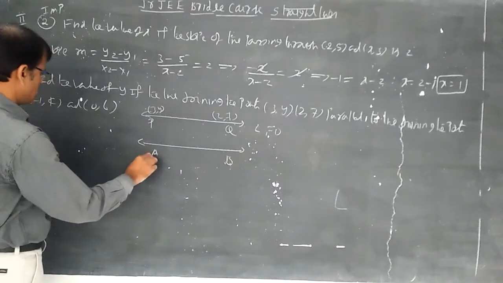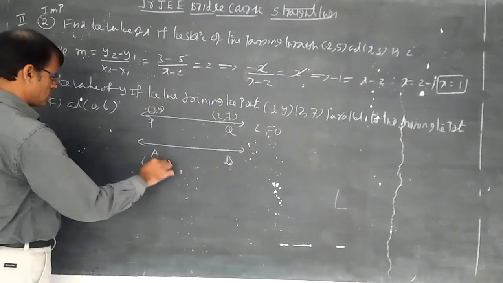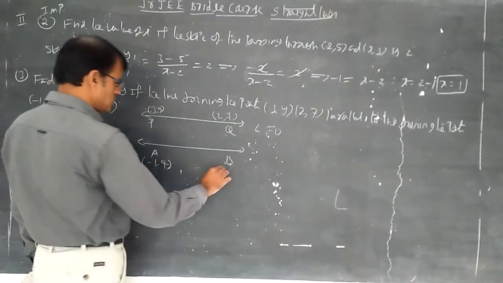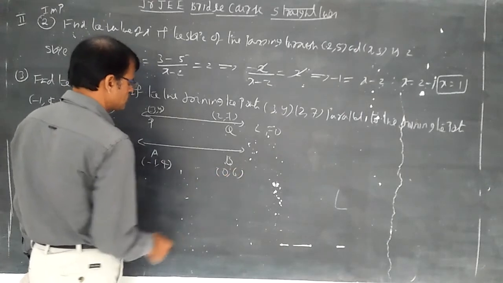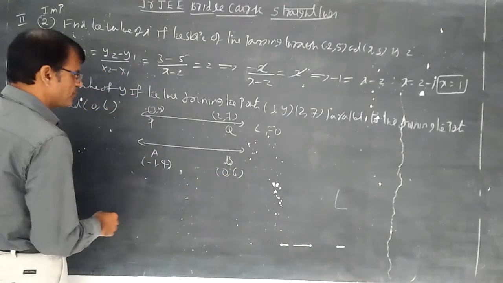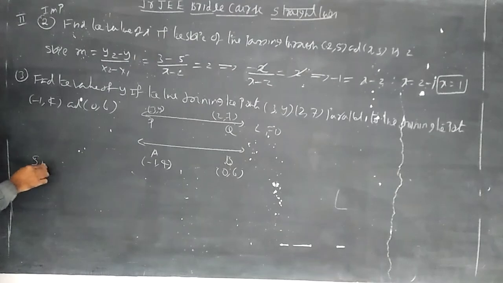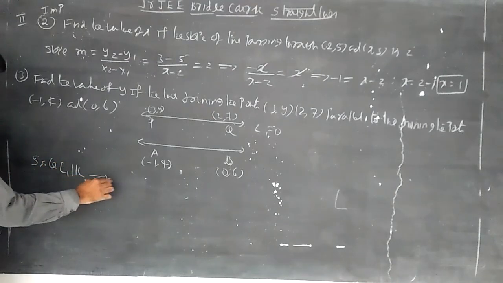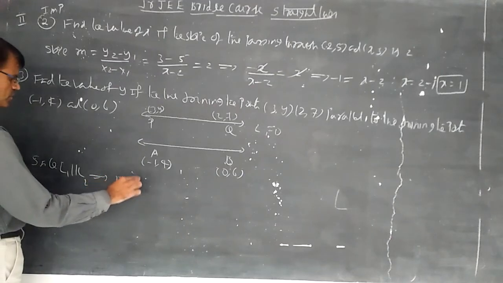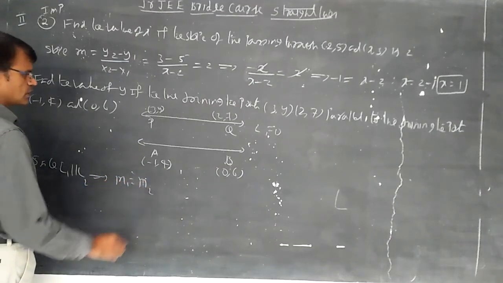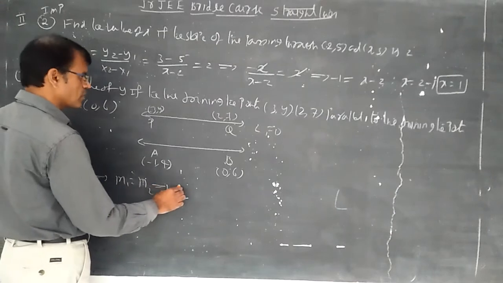This is A (minus 1, 4), B (0, 6). Now, since L1 is parallel to L, that implies m1 equals m. That is, the slopes of the two lines are equal.